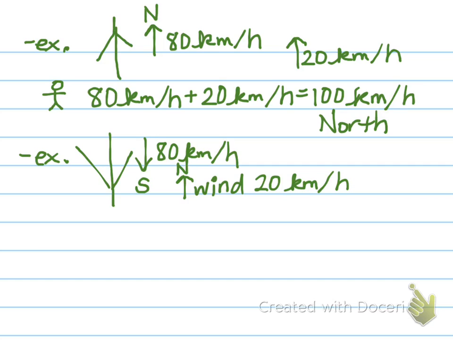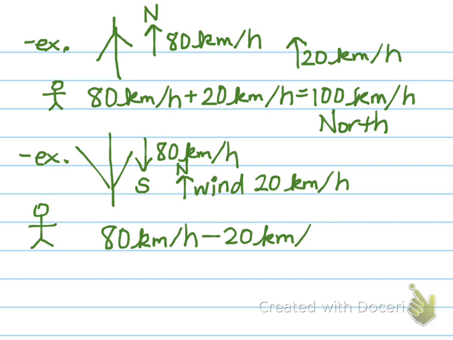So again, what we want to know is that person on the ground, how fast does that plane appear to be traveling? Right? And this time, the wind's going to slow this plane down. So the plane is traveling 80 kilometers per hour, and we're going to subtract the wind that's acting against it to give us a speed of 60 kilometers per hour, and it's going south.